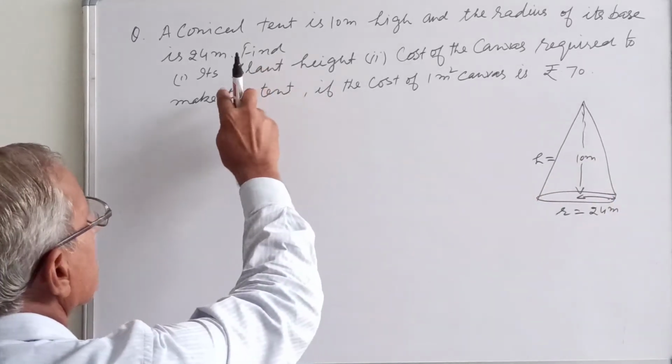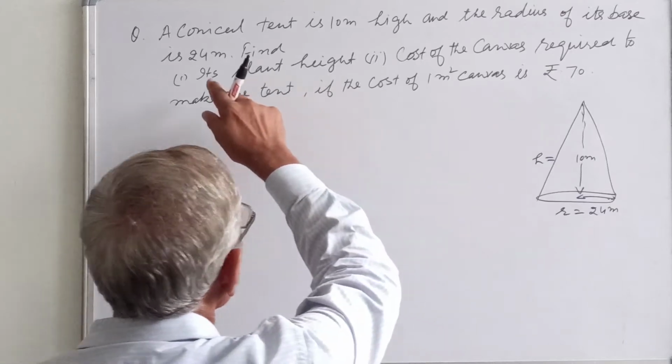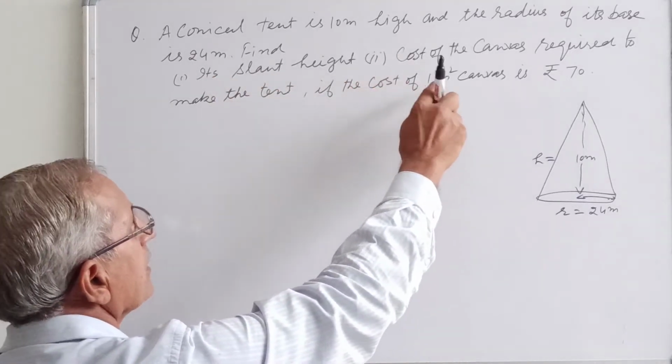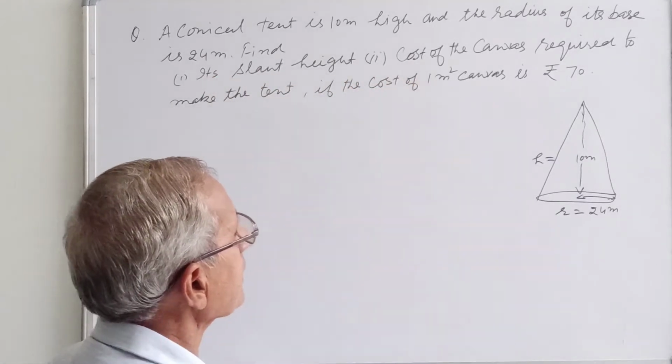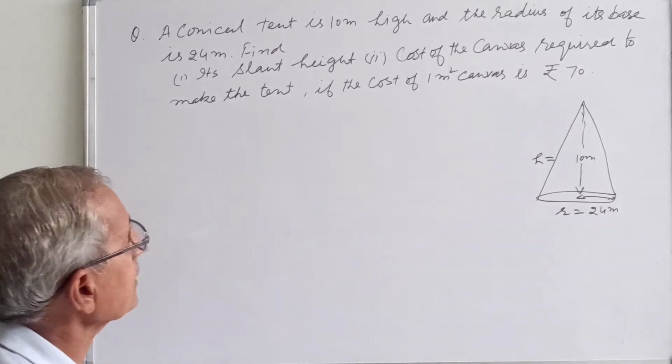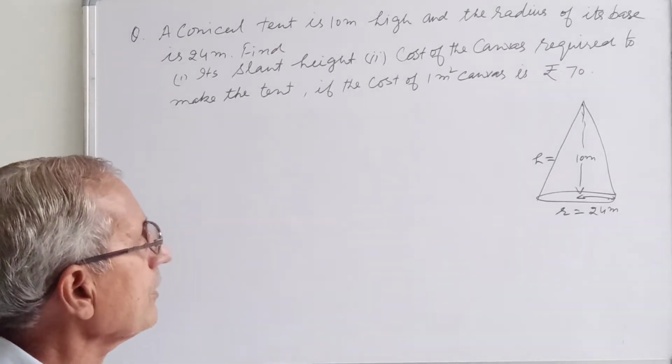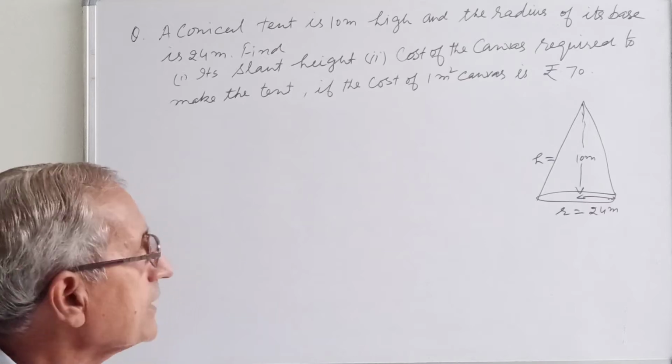So find its slant height. First part, find its slant height. Then second part is the cost of the canvas required to make the tent if the cost of 1 meter square canvas is ₹70.